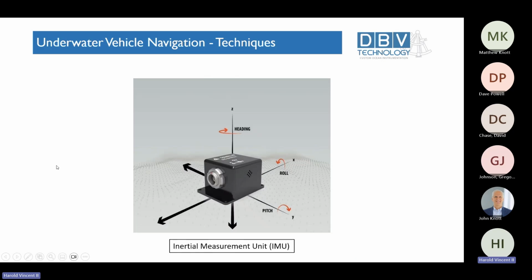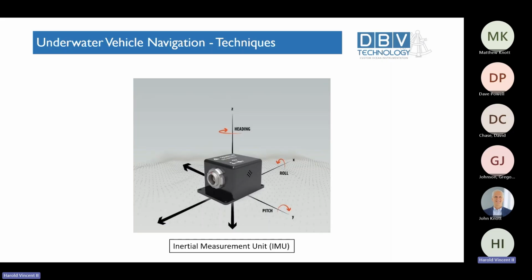So inside the AUV, and perhaps in some ROVs, you have your inertial measurement unit. The inertial measurement unit measures accelerations and angular rates and positions, so the 6 degrees of freedom of the platform.